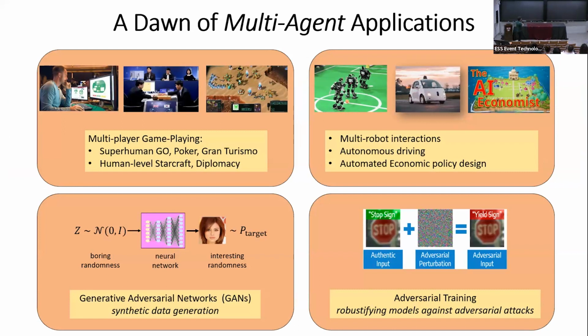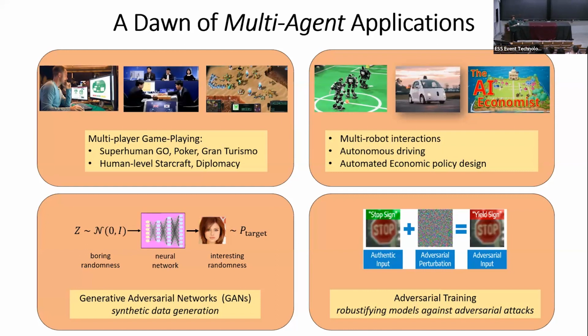The top group are applications that are explicitly multi-agent, like playing difficult games like Go and poker, or interactions of many robots and things like that, self-driving cars with other self-driving cars or with humans. In the bottom, there are applications that are not born multi-agent.